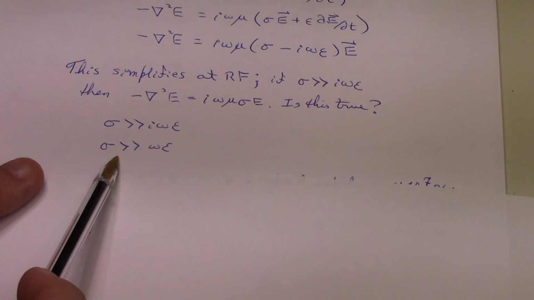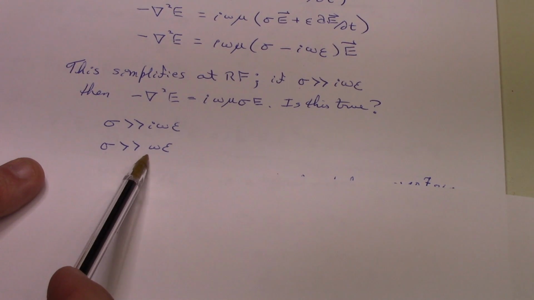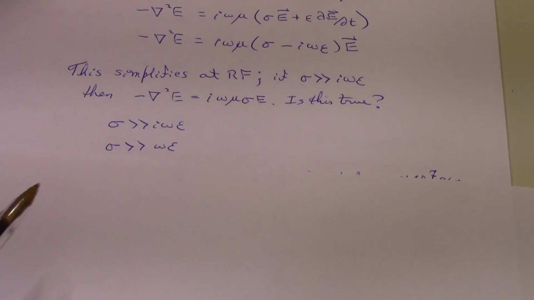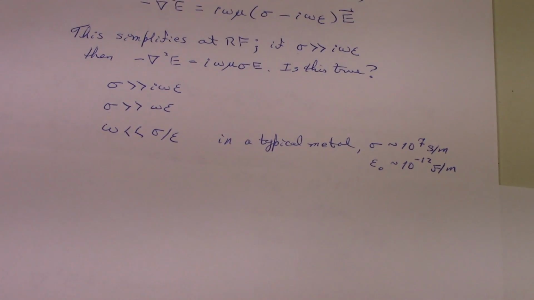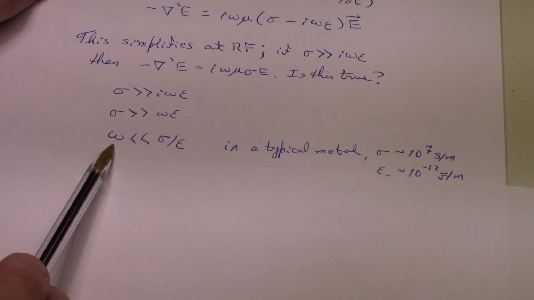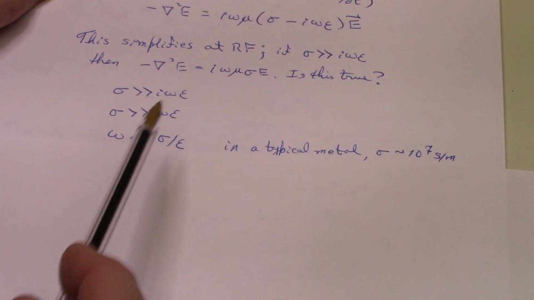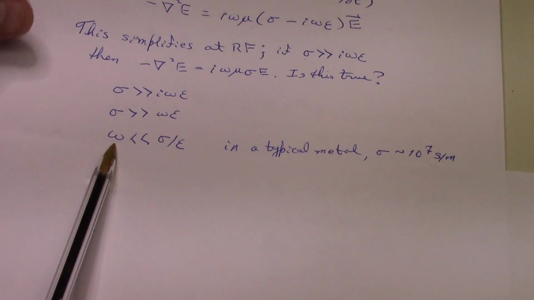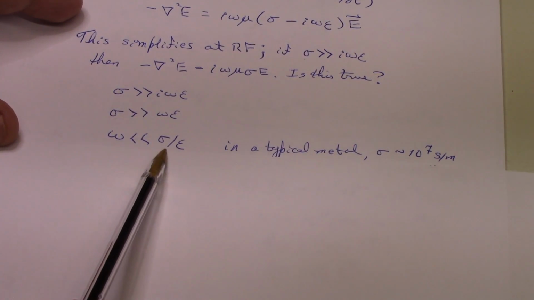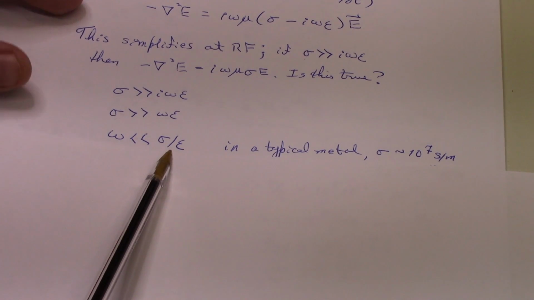Sigma would then be much, much greater than omega epsilon, neglecting the i when we take the mod. And rewriting that means that we can neglect the second term when omega, the frequency, is much, much less than the conductivity divided by the permittivity.